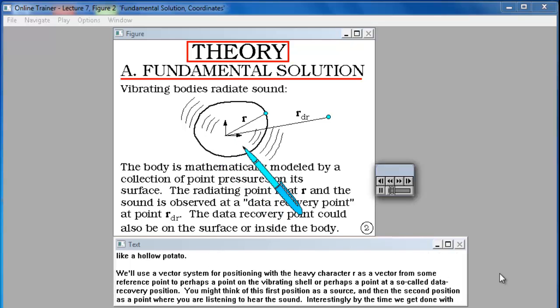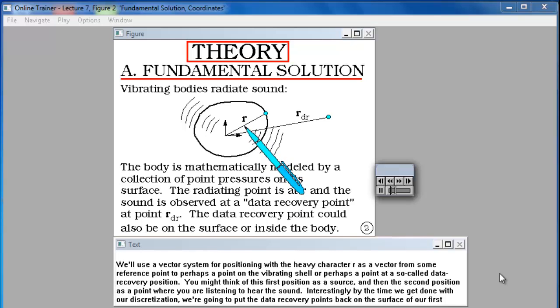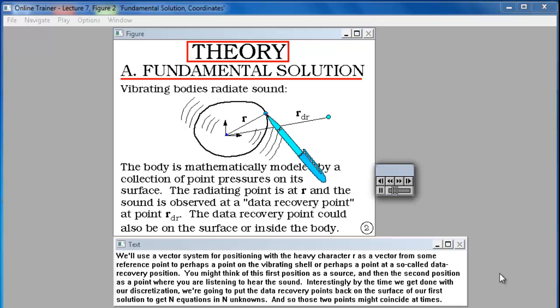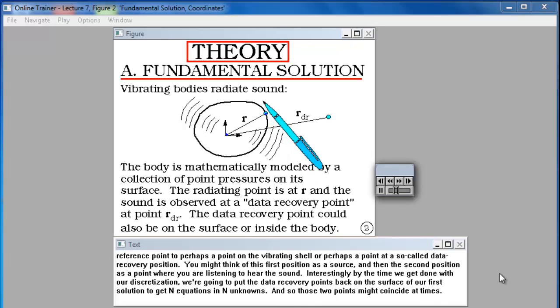We'll use a vector system for positioning with the heavy character R as a vector from some reference point to perhaps a point on the vibrating shell, or perhaps a point at a so-called data recovery position. You might think of this first position as a source, and then the second position as a point where you are listening to hear the sound.